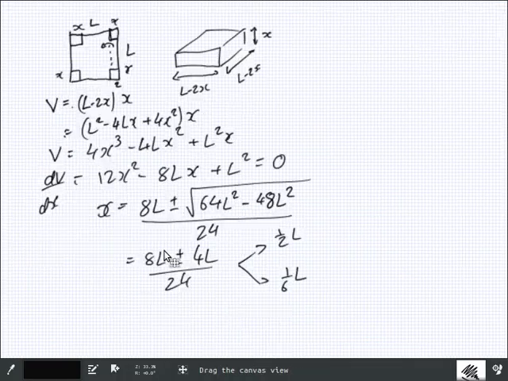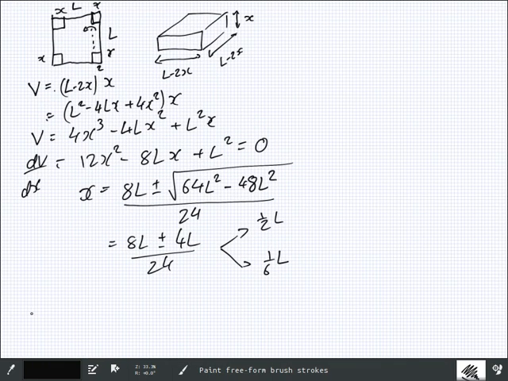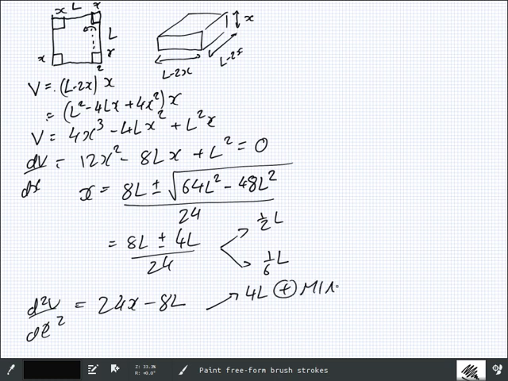Now, we have two answers. We need the maximum answer. So let's get the second derivative here. That's 24x minus 8L. If I sub in a half L, that'll be 12L minus 8L is 4L, which is positive, which makes it a minimum. If I put a sixth L in here, that's 4L minus 8L is minus 4L, which is negative, which makes it a maximum.